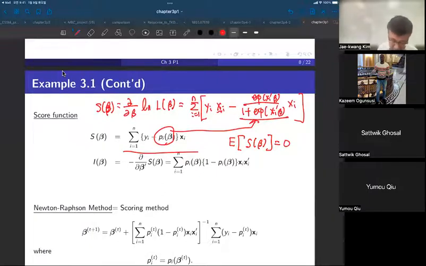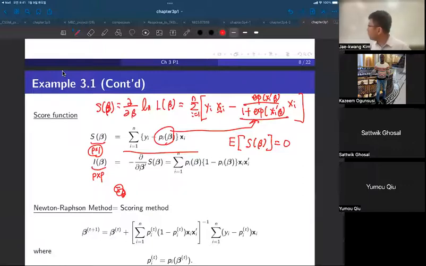Let's do it. Remember, the score is already p by 1, and this should be p by p, so we want to take the partial derivative with respect to beta prime rather than beta, to make it a matrix.